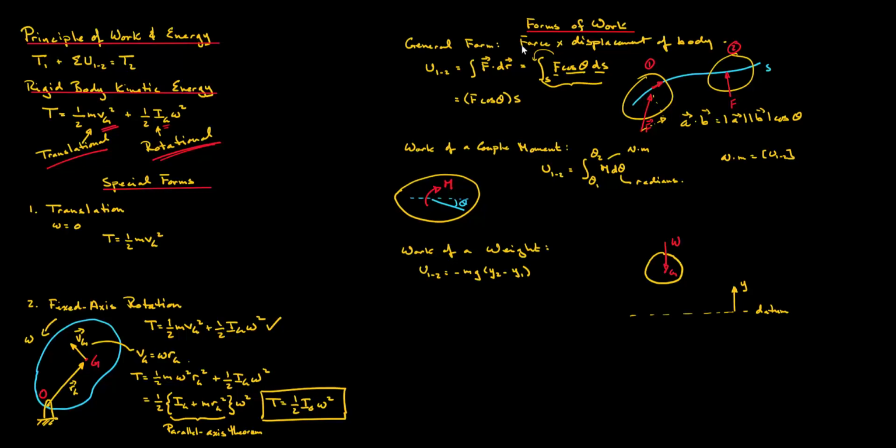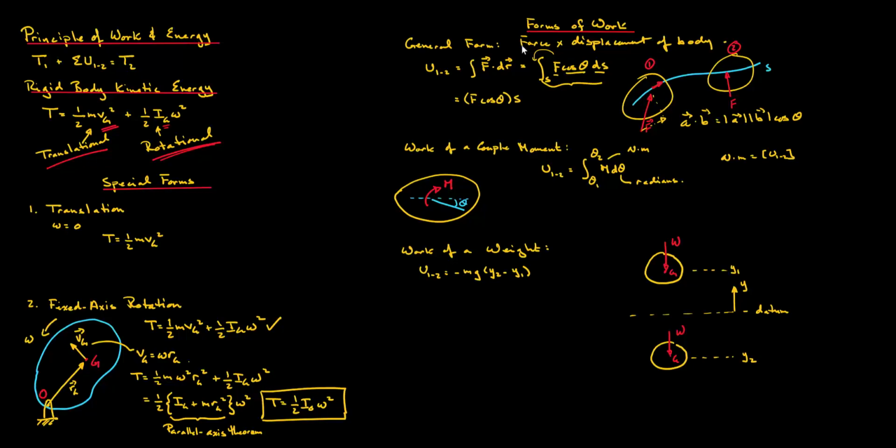Now, let's say that at position 2, our rigid body is now in this position over here. So this would be y2, and this would be y1.